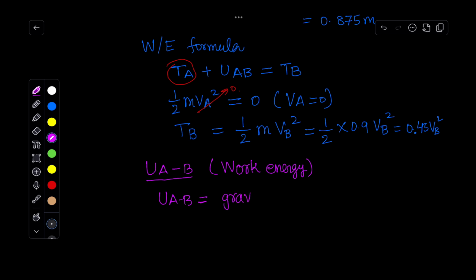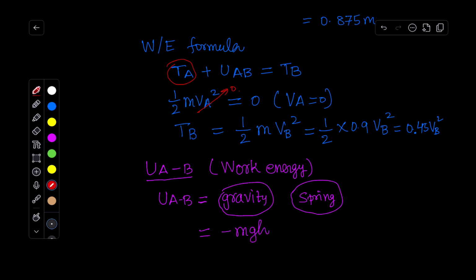The first is due to gravity. When the collar is going up and it has mass, it means that there is work against gravity. Secondly, it is clear from the picture that there is a spring. It means there is work by the spring too.